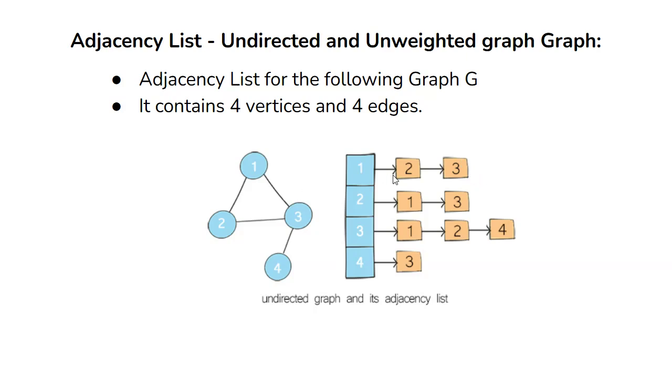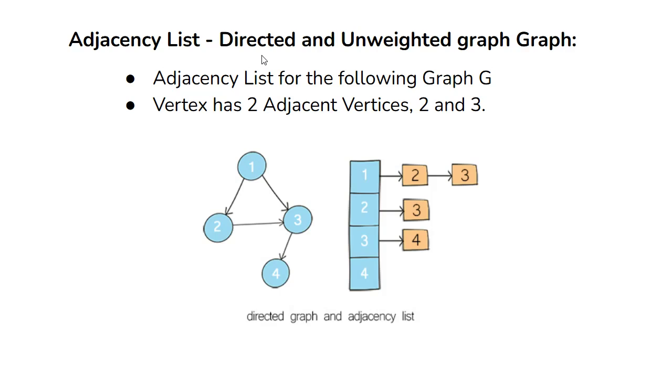Okay. Now, how the same adjacency list is used for a directed graph, where there is no weight or cost given, but direction is given. If direction is given, it means 1's adjacent node is 3, but 3's adjacent is not 1. That is the only difference between the previous graph and this one.